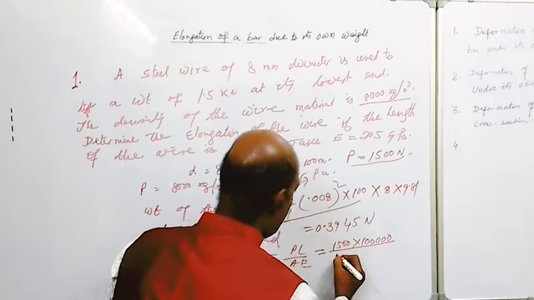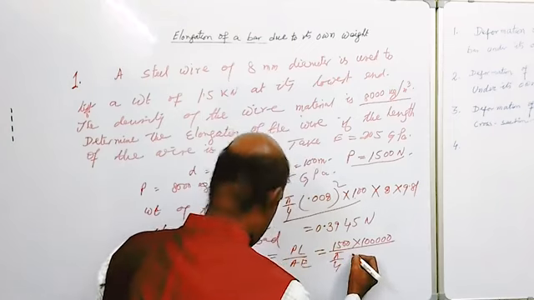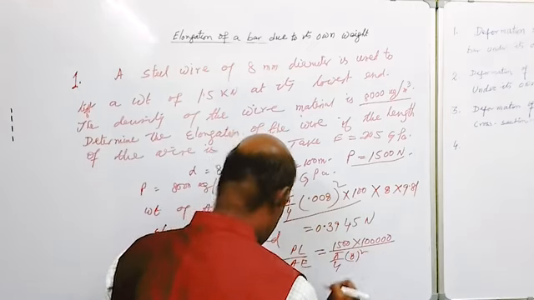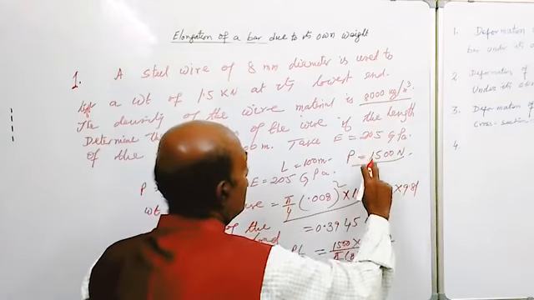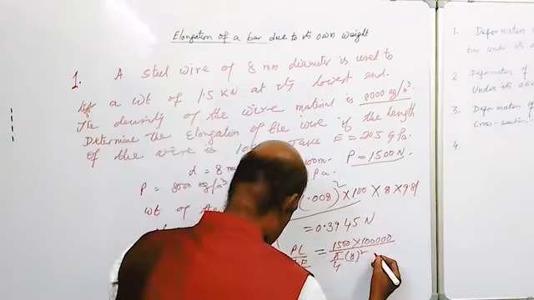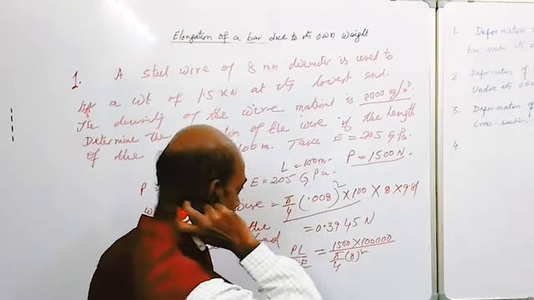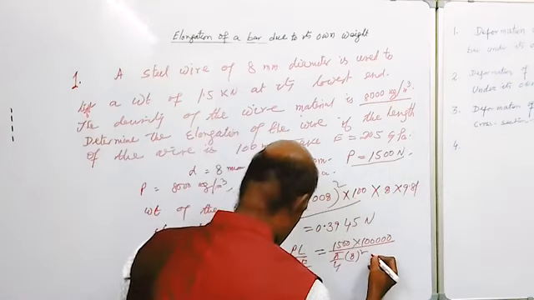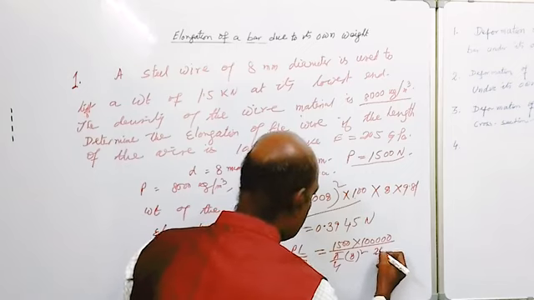Then pi by 4 into d square, that is 8, pi by 4 into 8 whole square, that is in millimeter. What is E value? E value is 205 into 10 to the power 9, that is Newton per meter square.